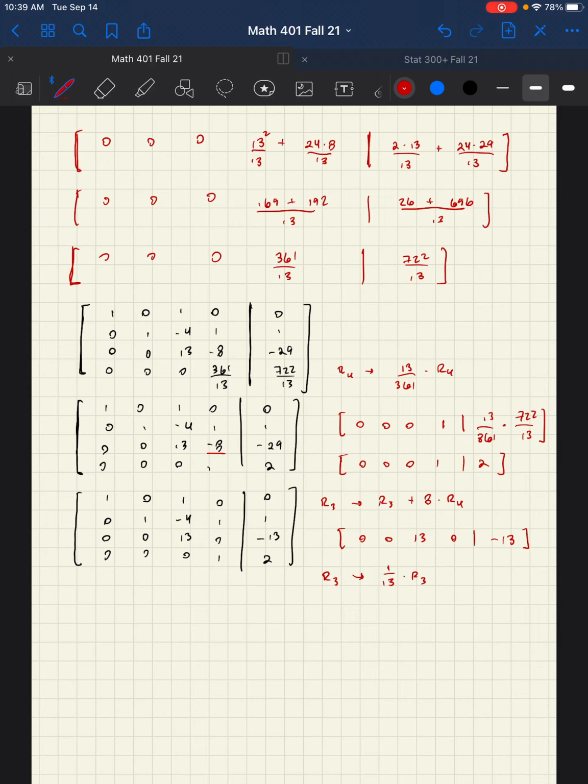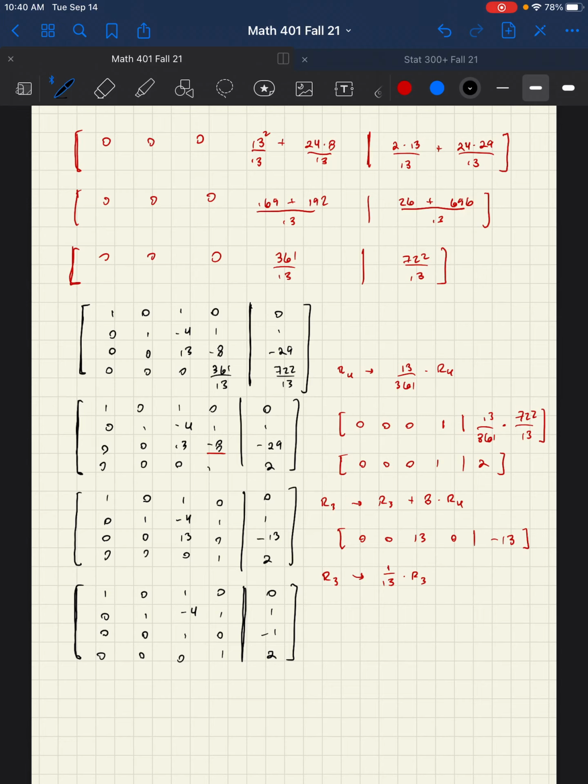So 1 over 13 times row 3. I'm not going to write out the intermediate work. You're going to end up with a 1 in the 13 spot and a negative 1 in the negative 13 spot. So once you work through the hairy details, this actually becomes kind of fun.